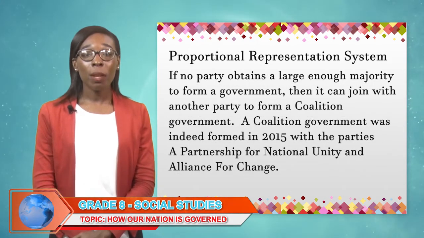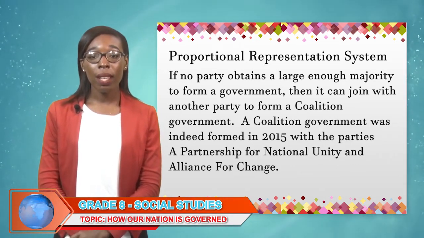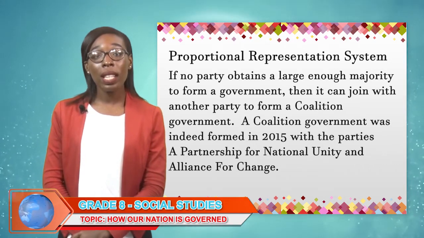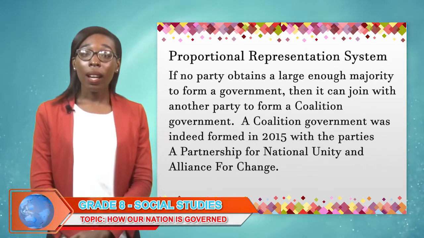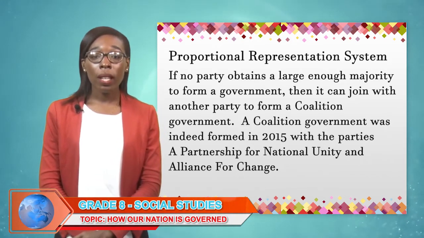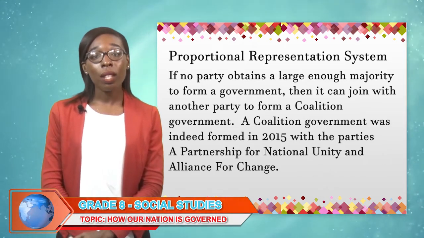If no party obtains a large enough majority to form a government, then it can join with another party to form a coalition government. A coalition government was formed in 2015 with the parties a Partnership for National Unity and Alliance for Change.